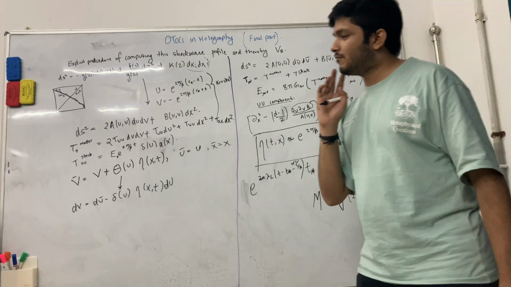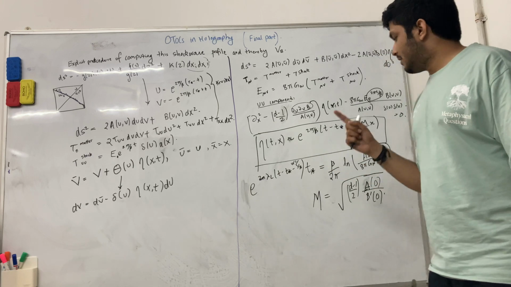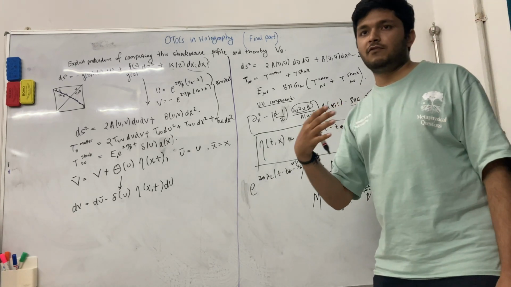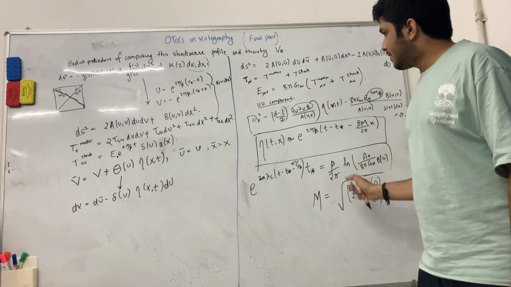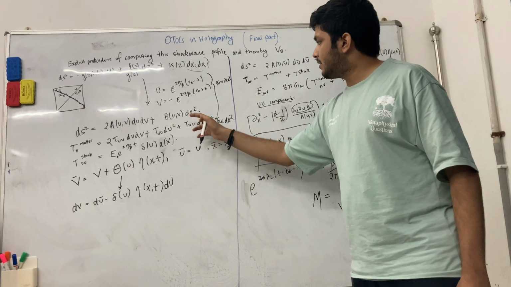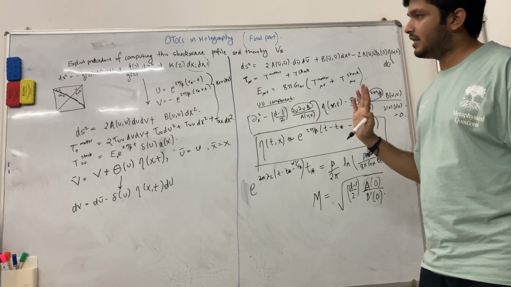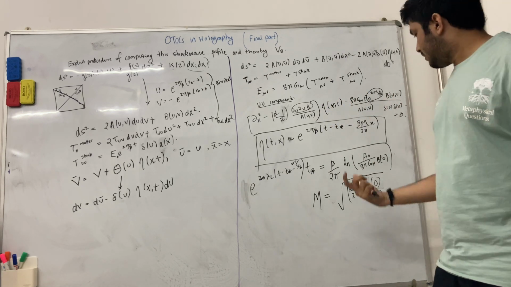It's not very straightforward. Of course, when one computes this, there will be 0 by 0 forms, and we have to take limits and all. But as soon as we get to this step, everything else follows generically for all the models.